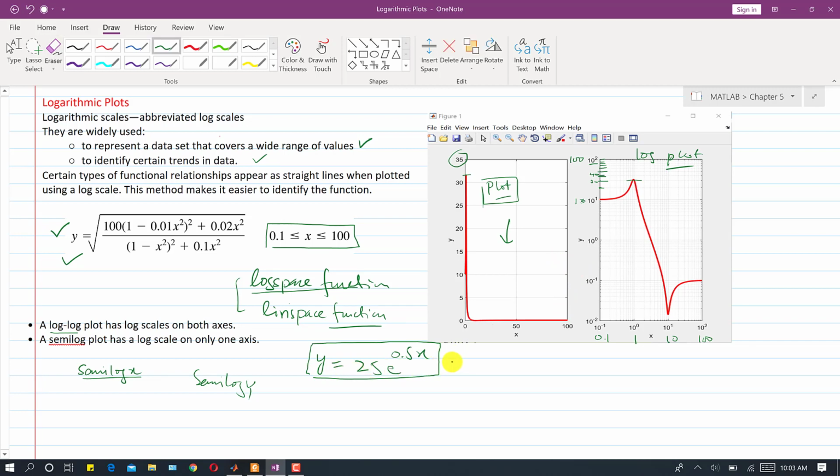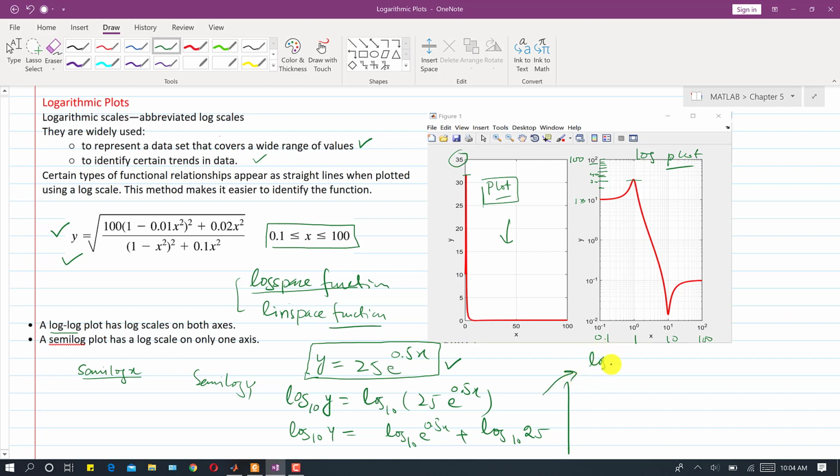Now when we plot this function on a semilog y plot, what will be the result? Let's suppose I take the log to the base 10 of this equation on both sides. Then this will be log 10 of 25 e to the power 0.5x, which is log 10 y equals log 10 e to the power 0.5x plus log 10 of 25. If I simplify this, the power will come down, so it will be 0.5x log 10 e plus log 10 of 25.